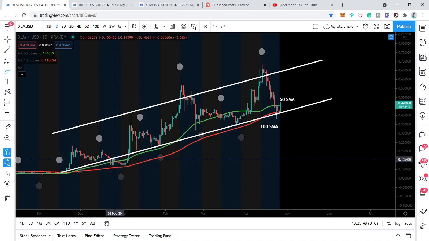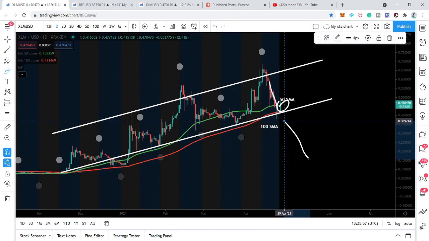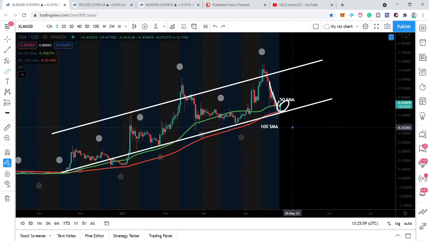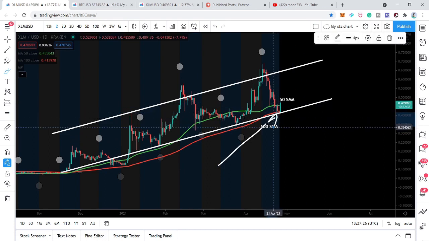Here the price line broke down through the 50 simple moving average, and now we have the 100 simple moving average as additional support. The price line used this 100 simple moving average support and the support of this up channel as well, and is now likely to have a bounce from this support.